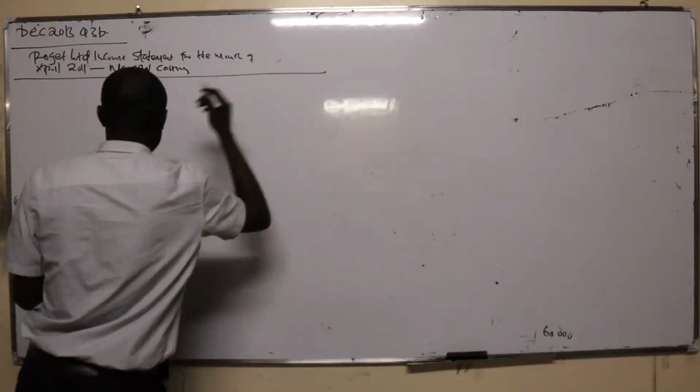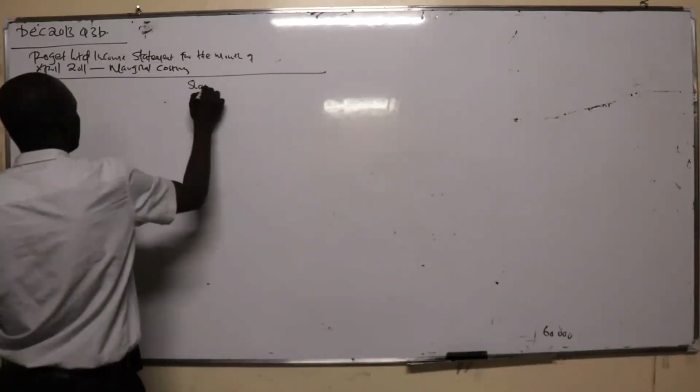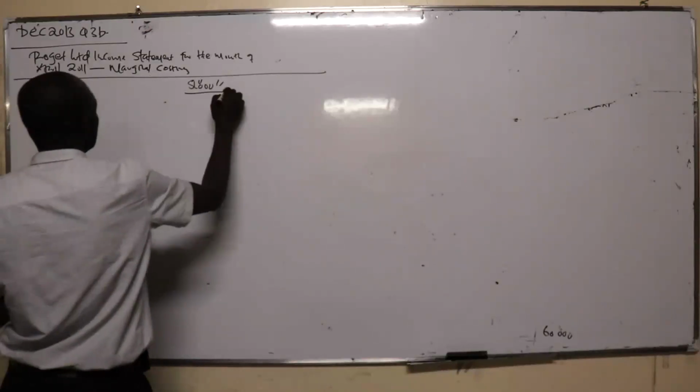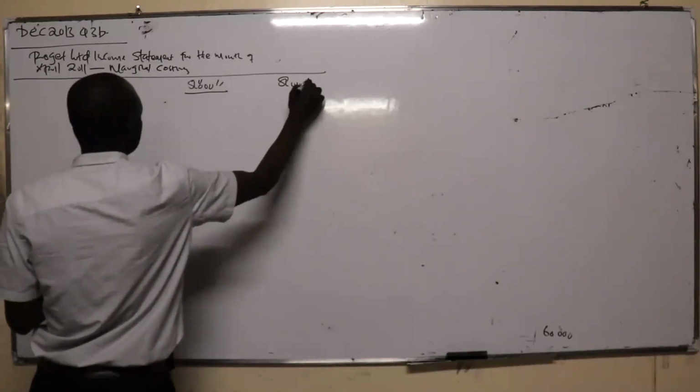Then you are going to underline. So we can have two columns here, shillings and thousands, and then here shillings and thousands.